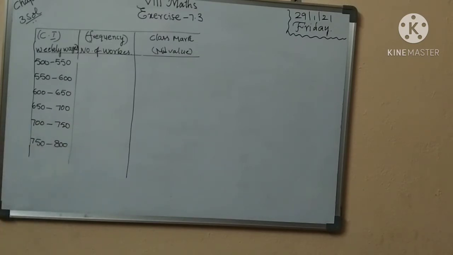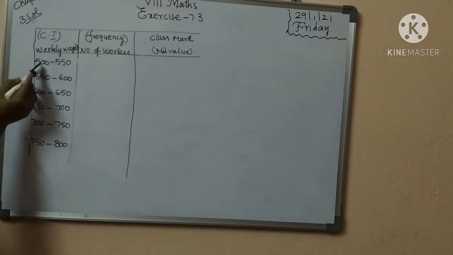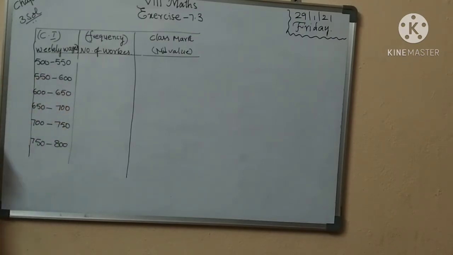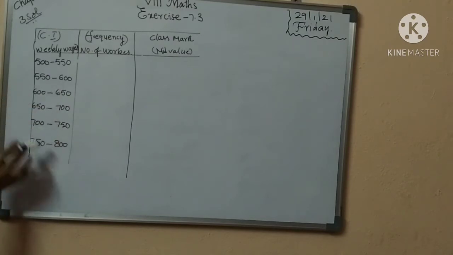What is the difference here? In each class interval the difference is 50. So 500 to 550, the difference is 50. 550 to 600, the difference is 50. Each and every class interval, the difference is 50. Okay children.